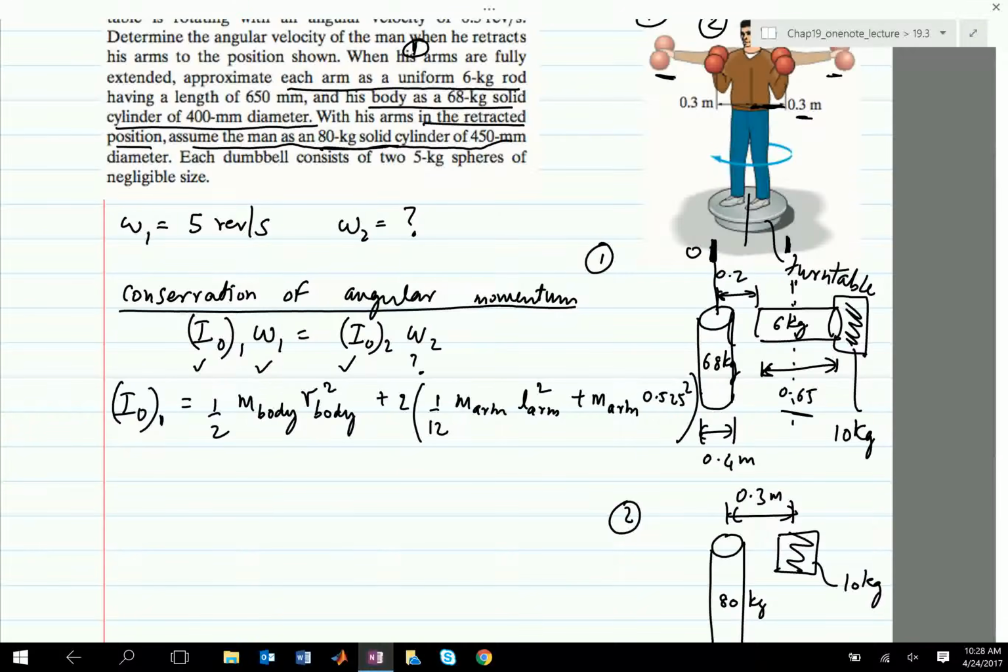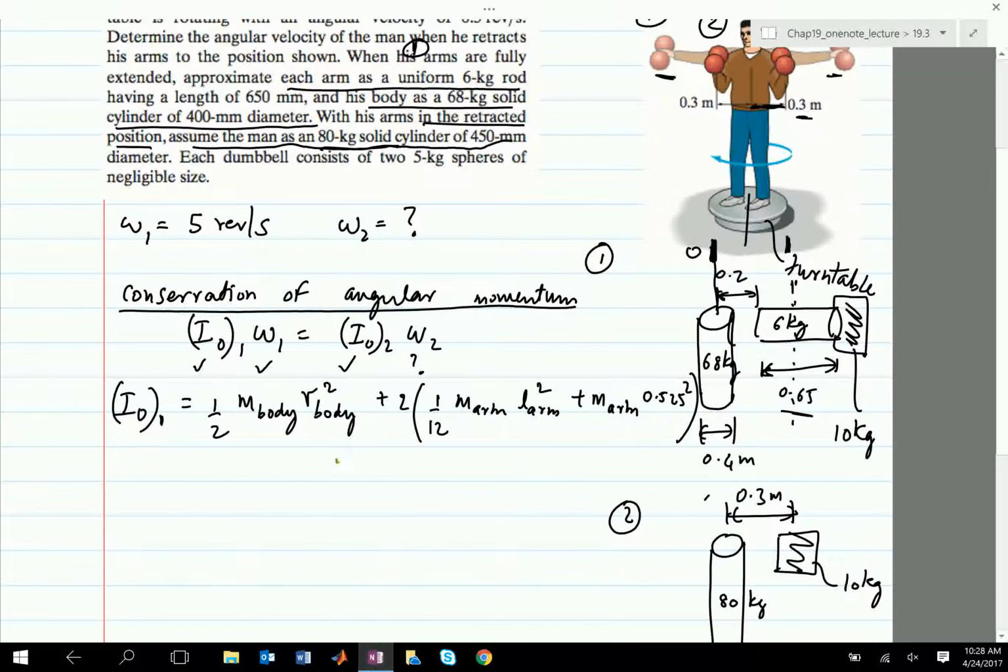Okay, but we're not done yet. We just finished with 2 things. We still have to find the inertia of the dumbbell. Now the dumbbell is assumed to be a point mass. That is, you're not given the diameter of the dumbbell or anything like that. So when it's a point mass, the inertia is always mass times the distance from the axis squared.